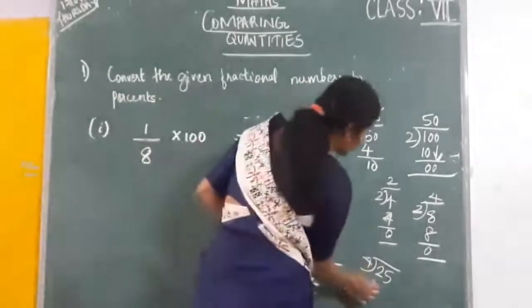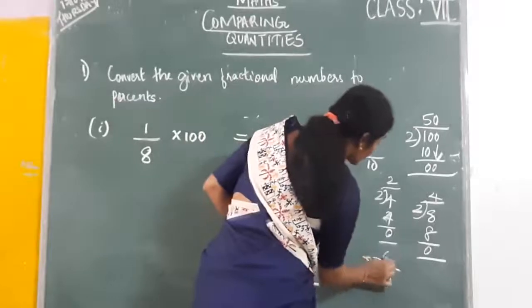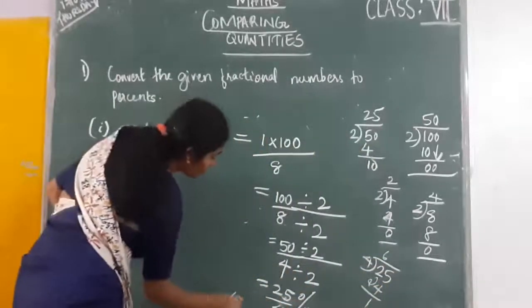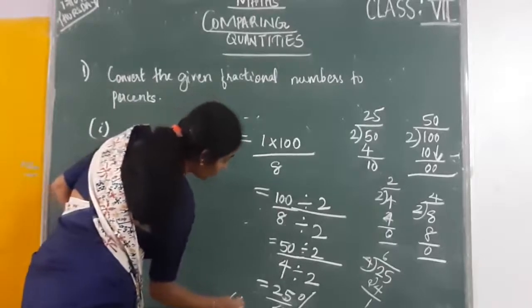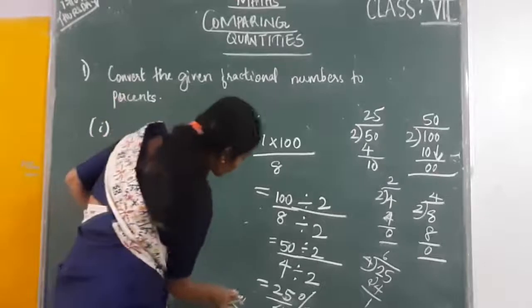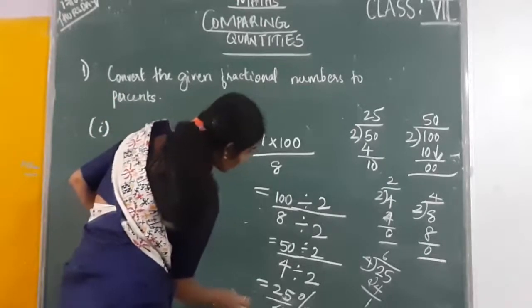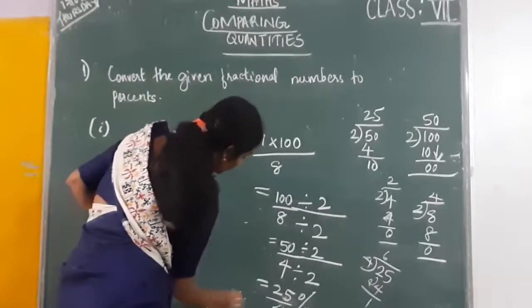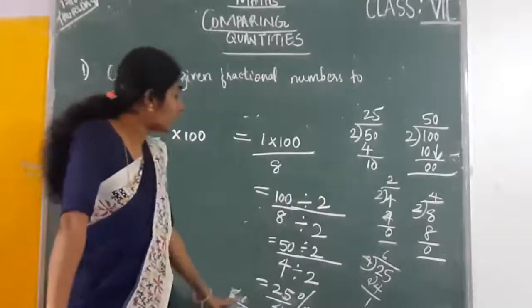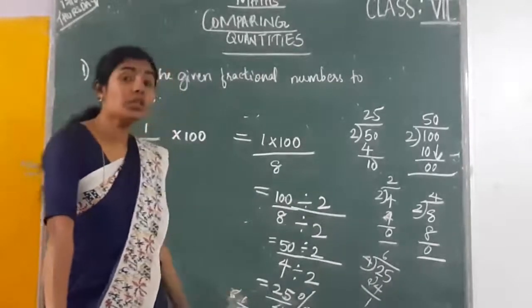How to write it as a mixed fraction? What will you get? You will get the mixed fraction 6 1 by 4.